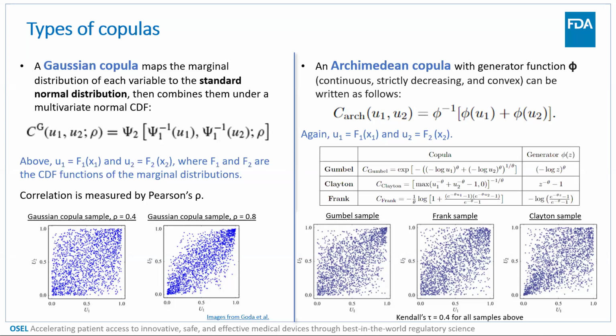I'll discuss that on the next slide. But you can see just from these density plots, the Frank copula is a more moderate copula, while the Gumbel copula is good for modeling upper tail dependence, and the Clayton copula is better for modeling lower tail dependence. So depending on the context of your problem, one may be better suited.